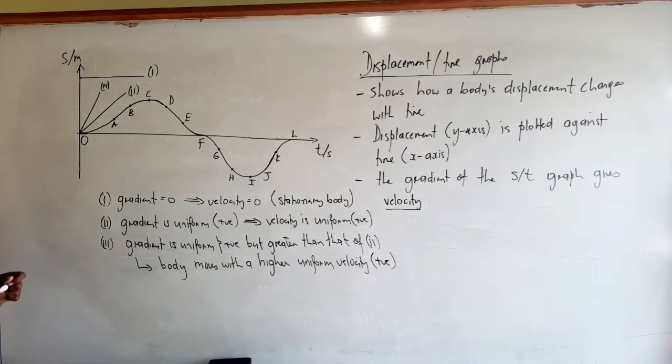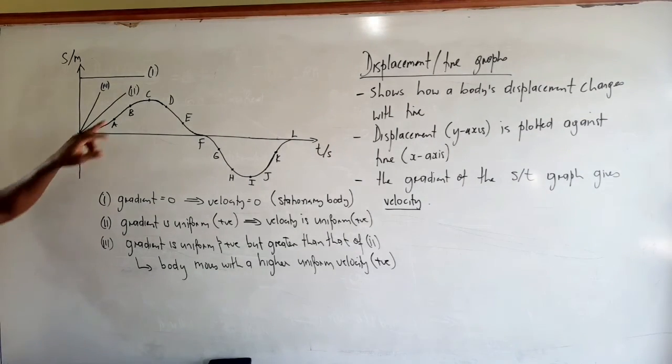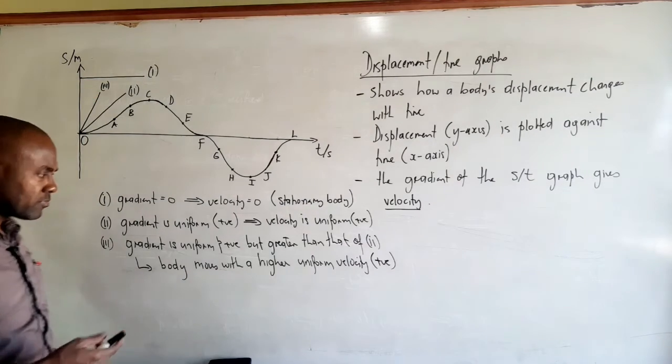So again, comparing these two, we see that the graph in 3 is steeper. The displacement will increase more rapidly with time, and so the gradient is larger, and therefore the velocity is greater and also positive. So again, if graph 2 shows a body moving with a uniform positive velocity, then graph 3 shows a body also moving with a uniform positive velocity, but of larger magnitude, right?